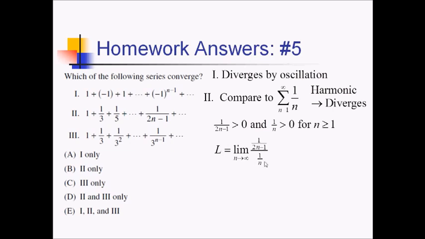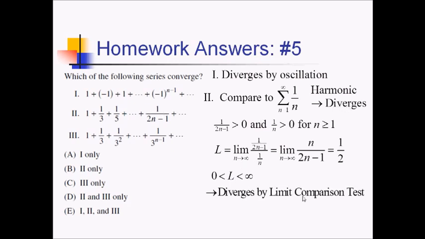Same change flip, we've got n over 2n minus 1. As n goes to infinity, we can forget about this negative 1, so it's just n over 2n, which is 1/2. Since that is a positive finite number, in other words, between 0 and infinity, and since this comparison diverged, that means the original is going to diverge by the limit comparison test.